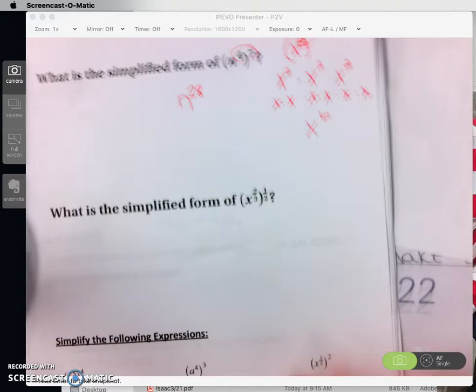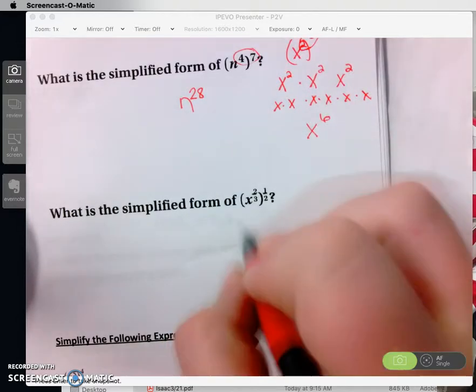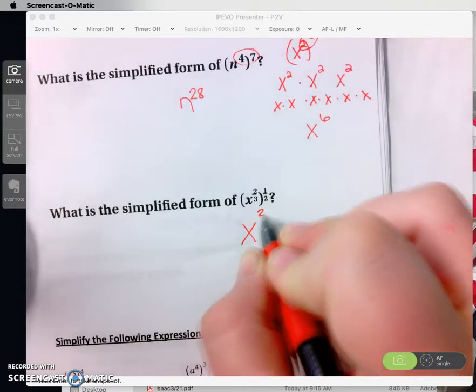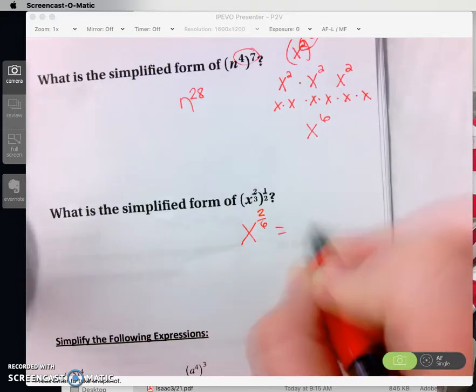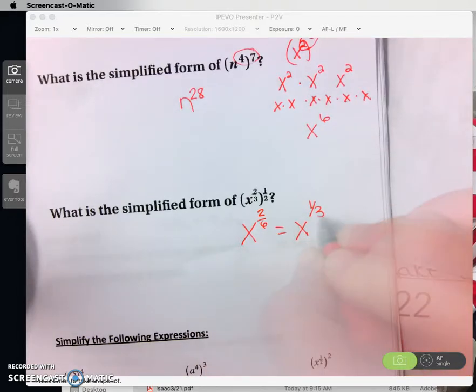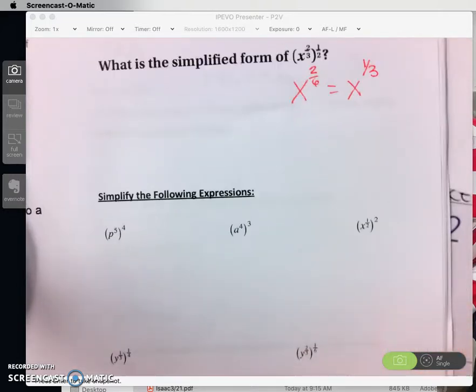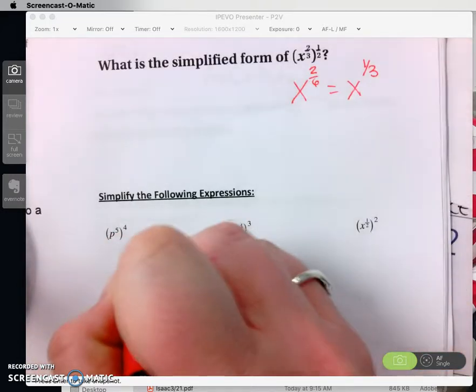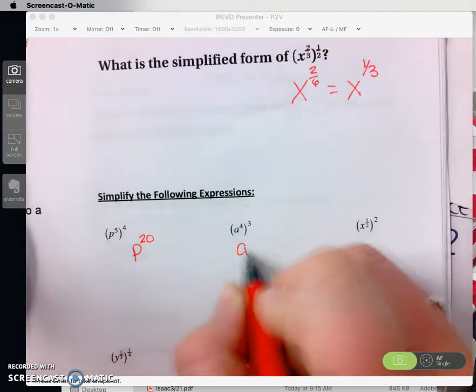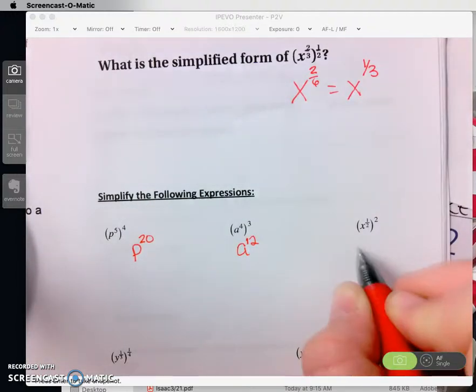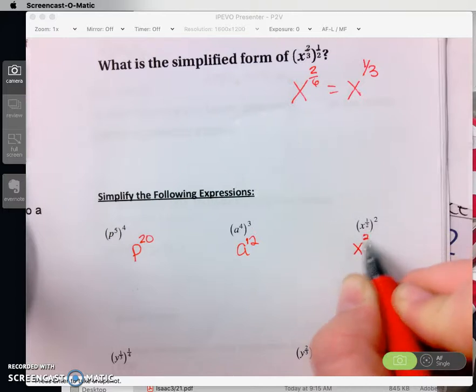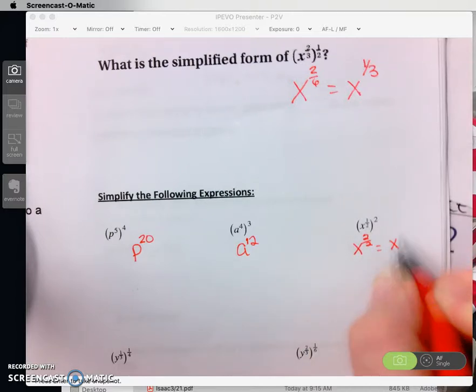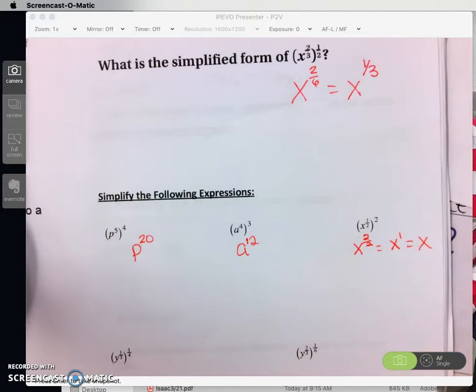Here, x to the 2/6 power, which I would want to actually simplify down to 1/3. P to the 20th, p to the 12th, x to the 2/2, which is actually x to the 1st, can actually be written as just x.